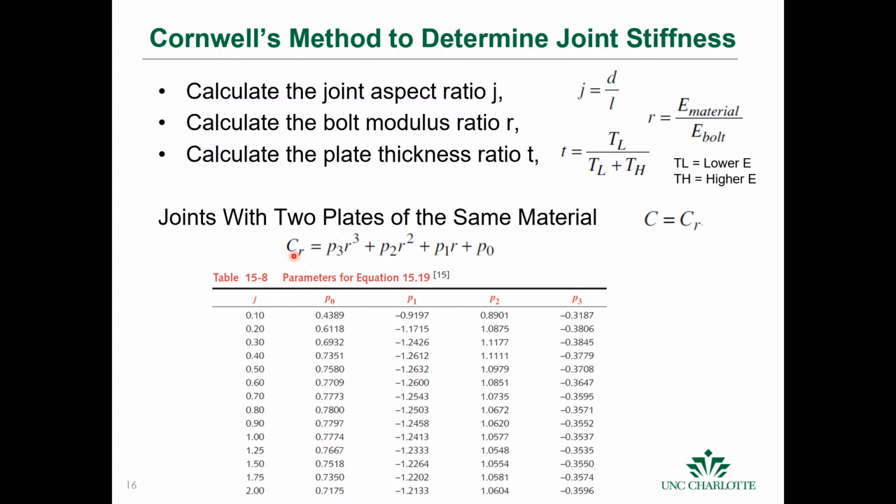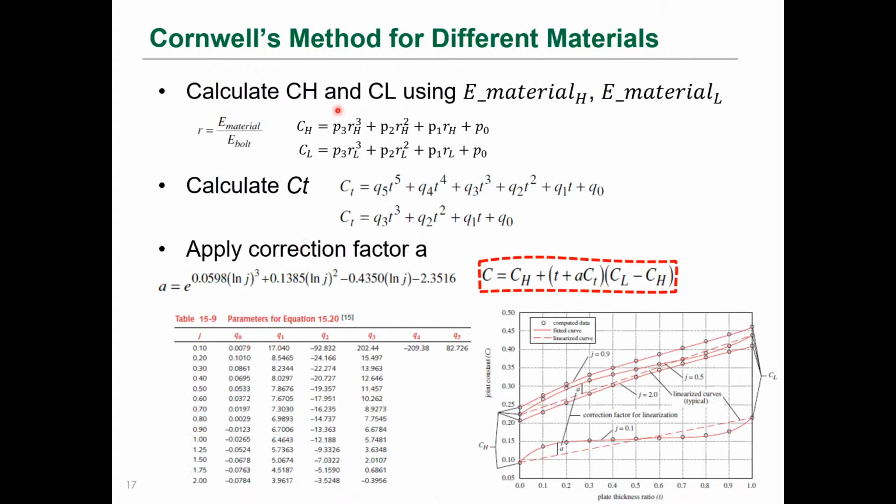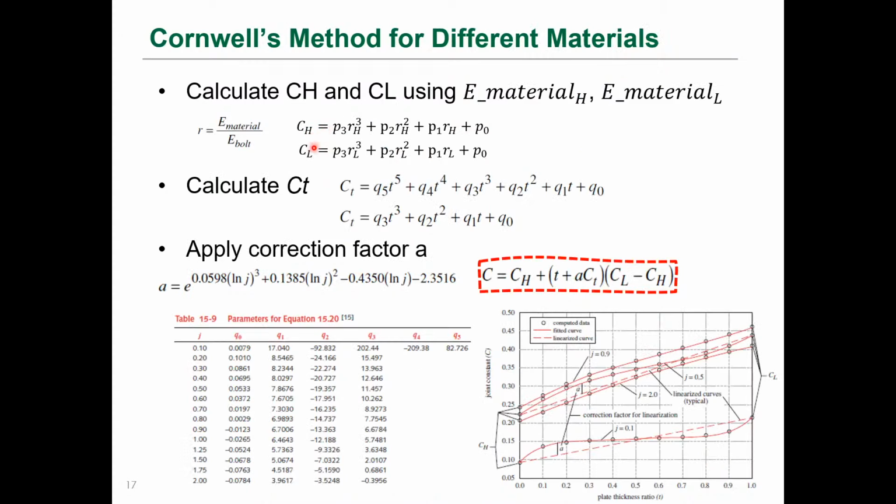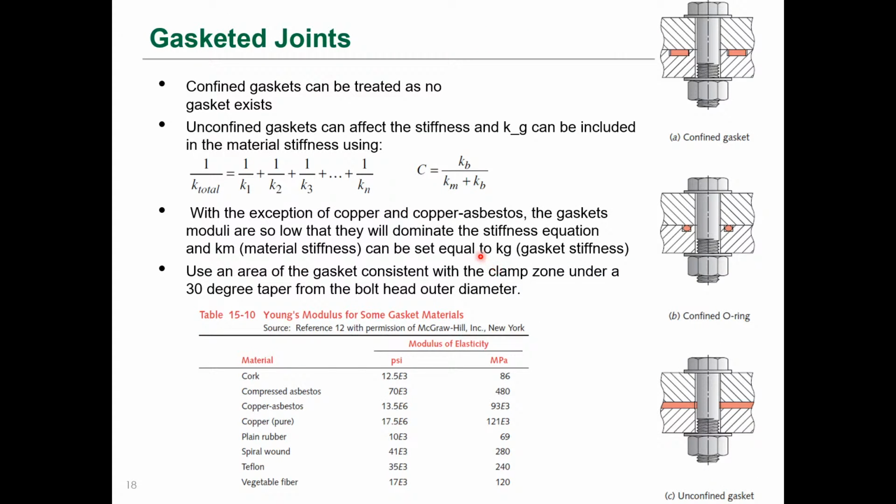This instead of R, where the materials are the same, we have the high and the low modulus. So we use this table here to calculate this CH and CL, and then we use this equation here to get our CT. Okay, that includes that thickness ratio. Okay, and then once we have those values, we can compute an effective joint stiffness for those dissimilar materials.